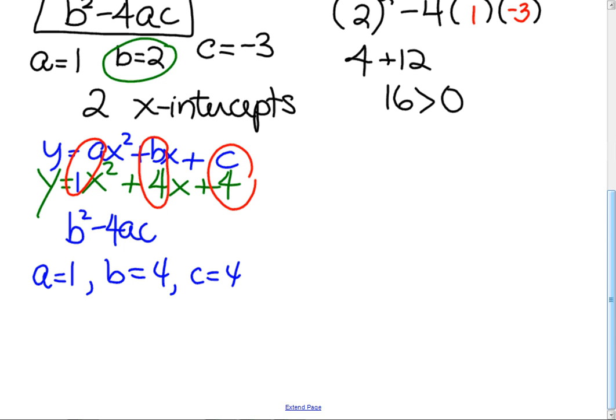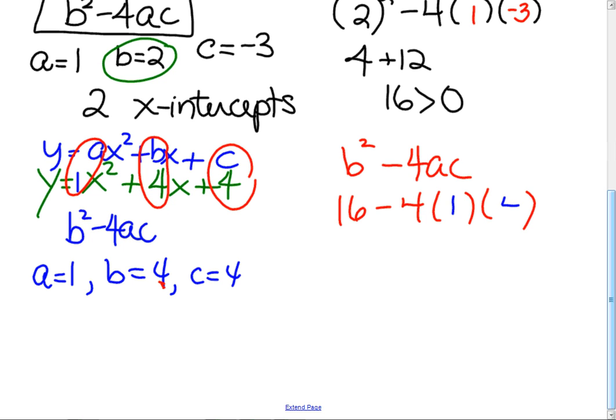Okay, so what we're going to do now is b squared minus 4ac. But let's not show the substitution on b squared. Let's just do it. What's b? 4. What's 4 squared? It's 16 minus 4. Now I want to see the substitution because I'm going to mess up. A is what? 1?